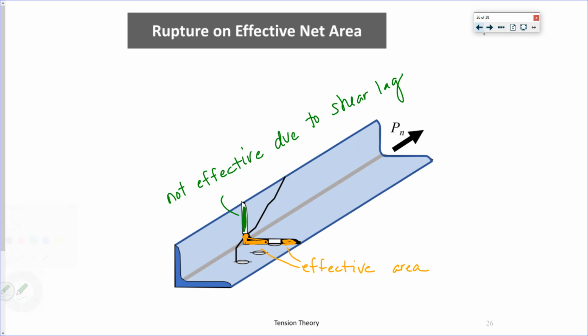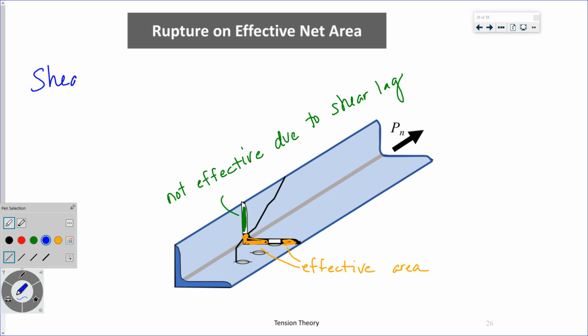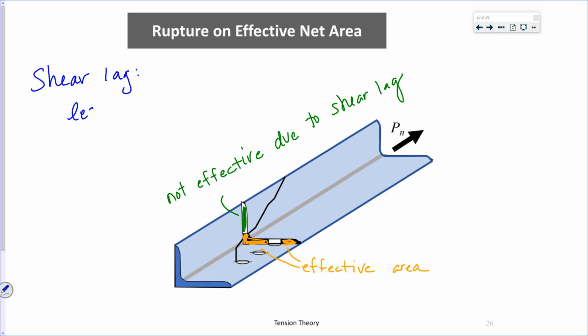So, just to reiterate, shear lag is less influential if the connection is long, right?